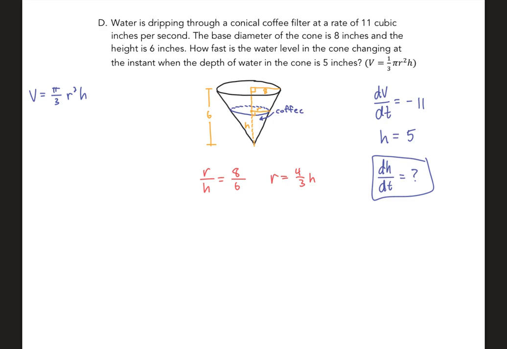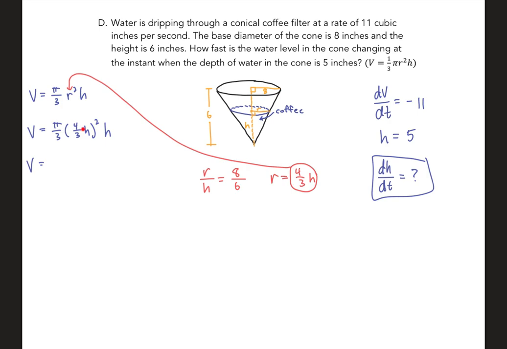Anyway, so this 4/3 H is going to get plugged in for that R. This is 4/3 H squared times H. Okay, let me rewrite that.